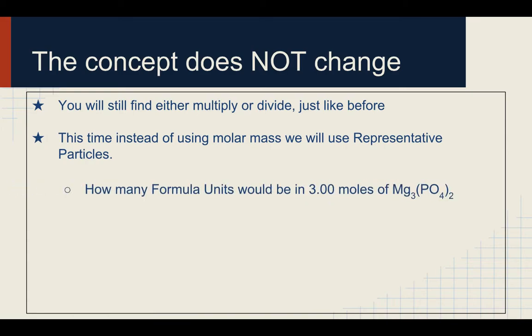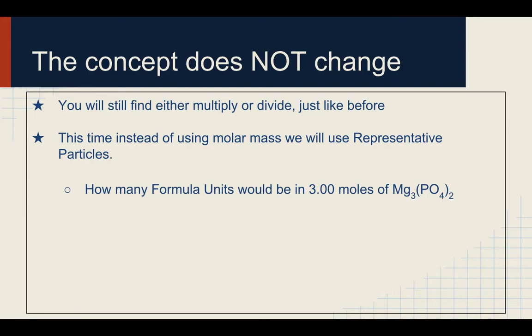So an example might be, how many formula units would there be in 3.00 moles of Mg3(PO4)2? So think about that. I am asking you how many formula units. Now before, when we did this, we looked at the molar mass. So we had to look at the 3 Mg's, the 2 P's, and the 8 O's.